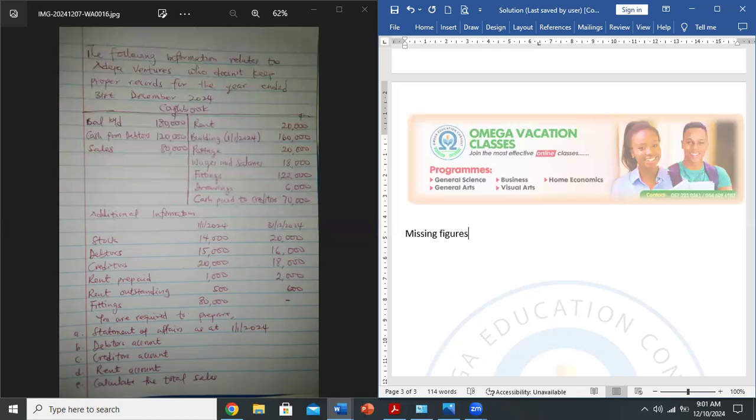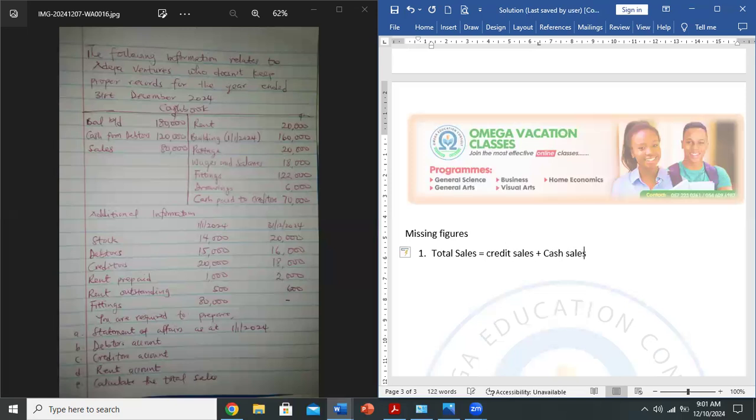Because you know when you are preparing your trading account, the first item is your sales, your total sales, right? So what we have been doing so far, one is getting our total sales, okay? And as I've indicated, your total sales is equal to your credit sales plus your cash sales.